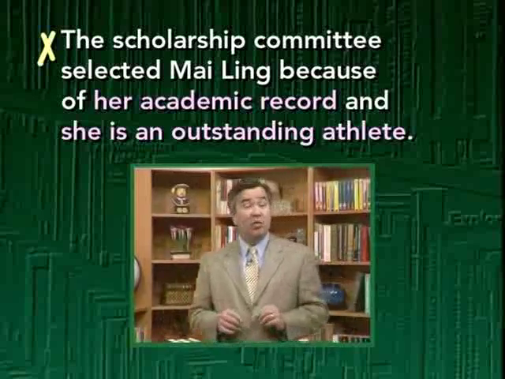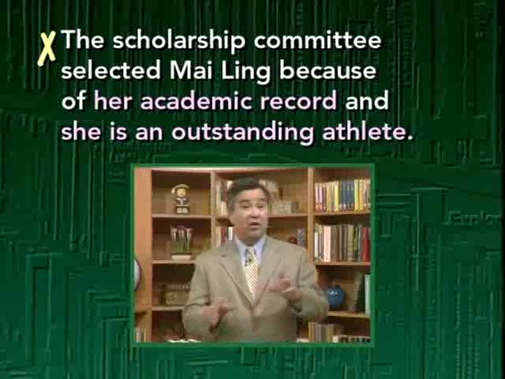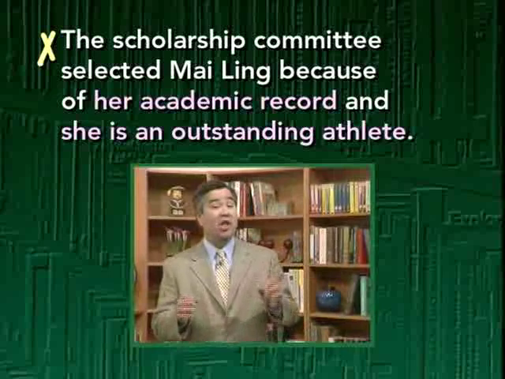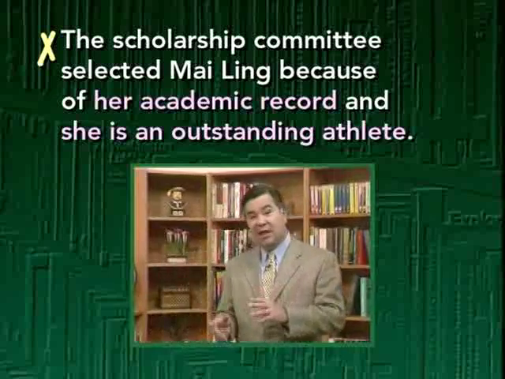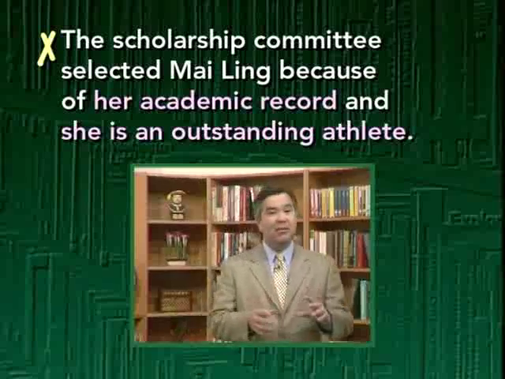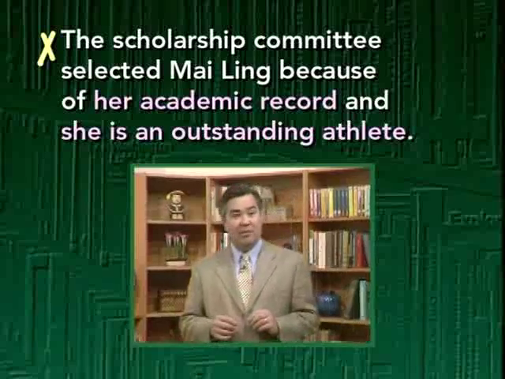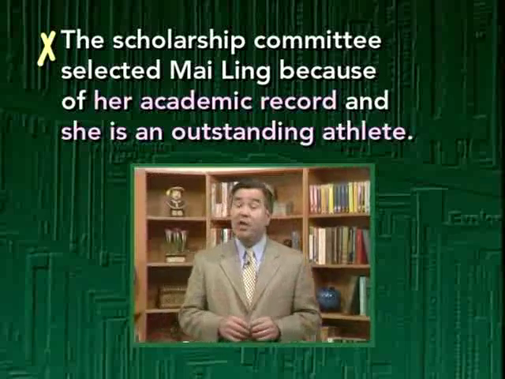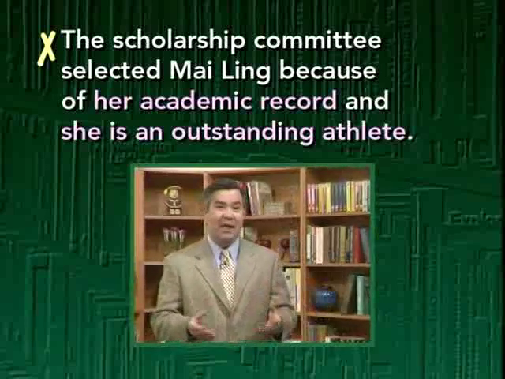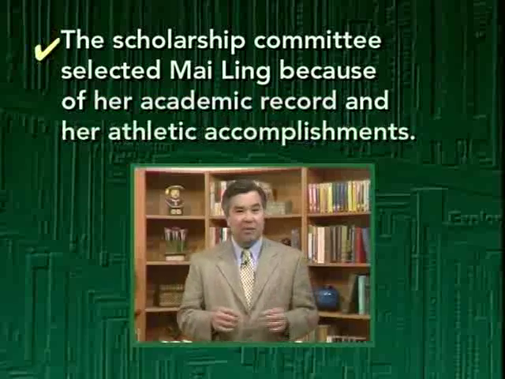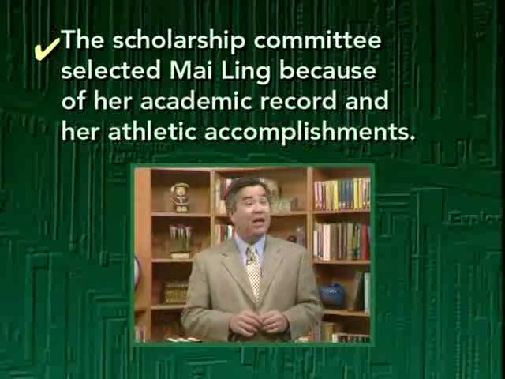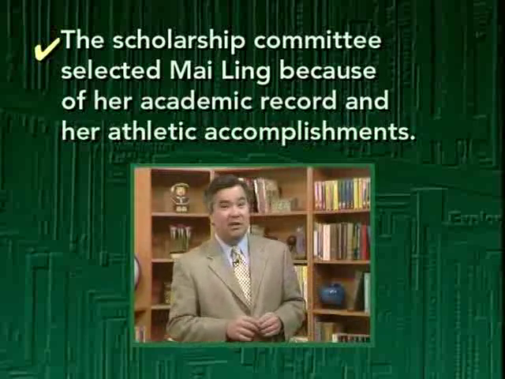Once again, we'll need to rewrite one of these in order to create parallelism, and we could change either one. Let's change the second one and turn it into a similar phrase, similar to her academic record. Again, there's probably more than one way of writing this, but here's one way of correcting the sentence that would make it parallel. The scholarship committee selected Mai Ling because of her academic record and her athletic accomplishments.